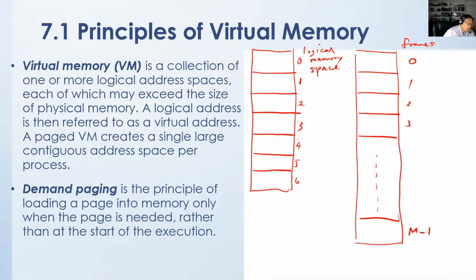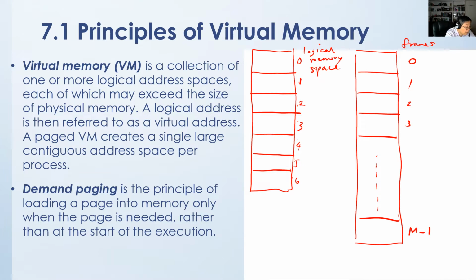In order to load the process, we need to check whether there are enough frames to accommodate the logical space. In this case, we need 7 free page frames, so then we can load each page into a frame.